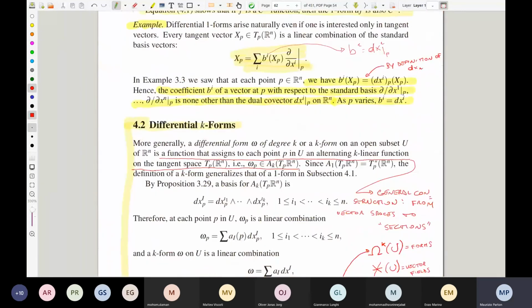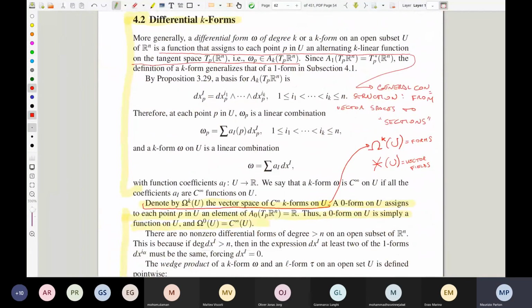These are differential forms, just a matter of notation. The k-differential forms are denoted by this capital omega. So by omega 1, I mean the one differential forms. So for instance, dx is in omega 1 of Rn, and so on.